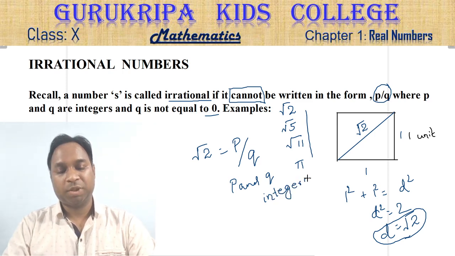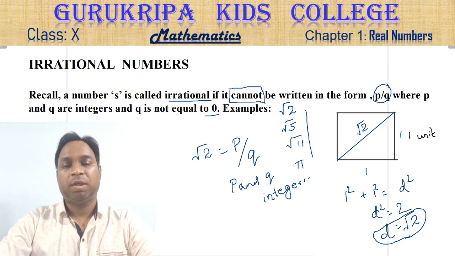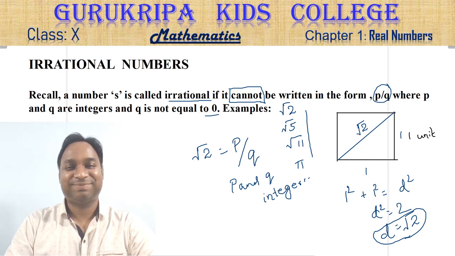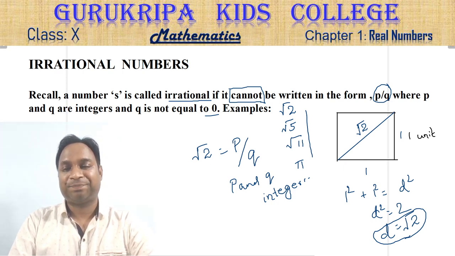Whatever you do, however you try, you cannot write it in this form. It's simply not possible to write square root 2 in the form p by q. Simple. Went it inside the head? Okay, that was the definition of an irrational number.